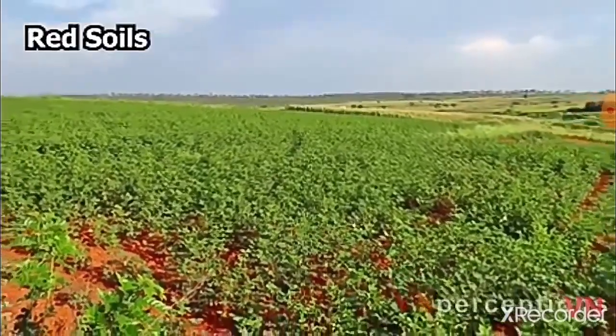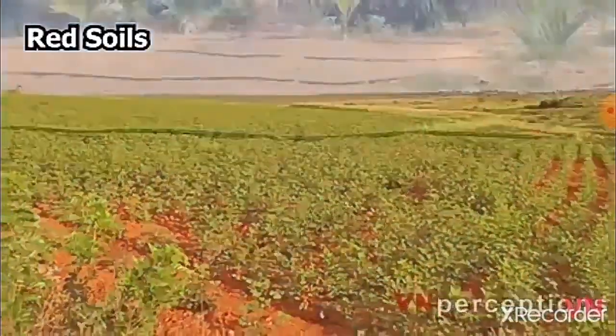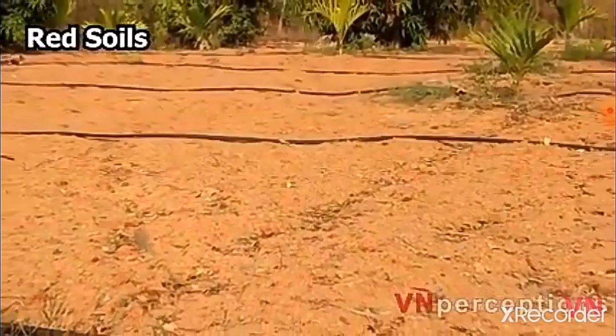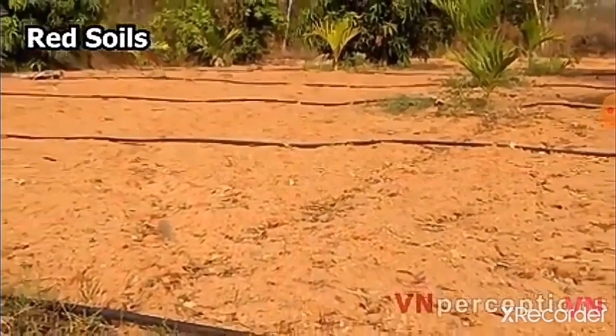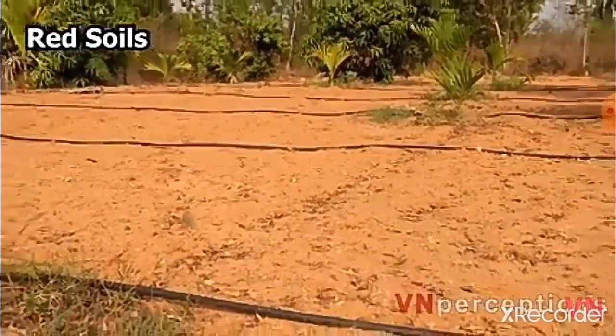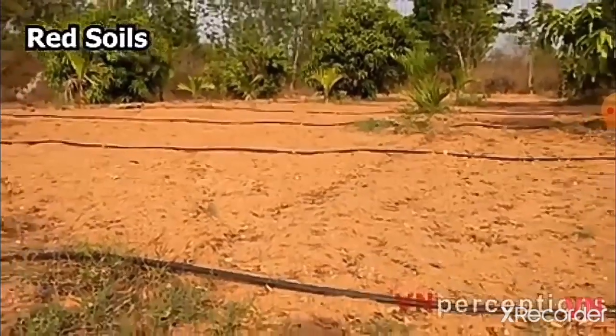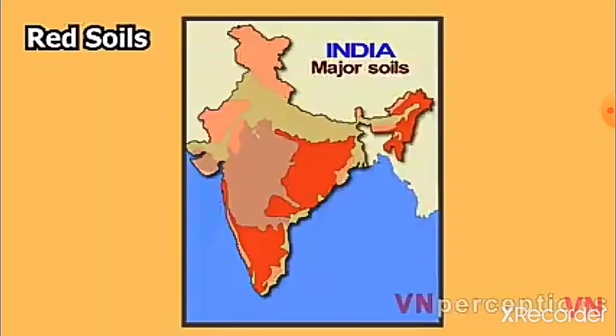In some places, it may be brown or yellow in color, and it looks yellow when it is in hydrated form. It covers the states of Karnataka, Kerala, Tamil Nadu, Andhra Pradesh, Telangana, Odisha, Chhattisgarh, Jharkhand and the northeastern states.